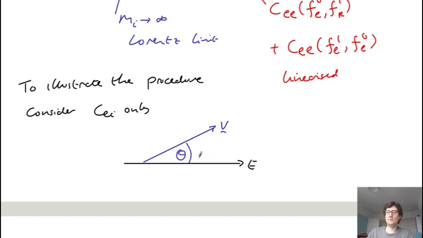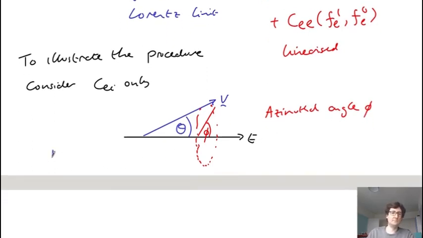And then we have another angle, which you get by rotating this arrow around here. So this angle here is called phi, and this theta is the pitch angle. So it's the angle of the motion with respect to the electric field.